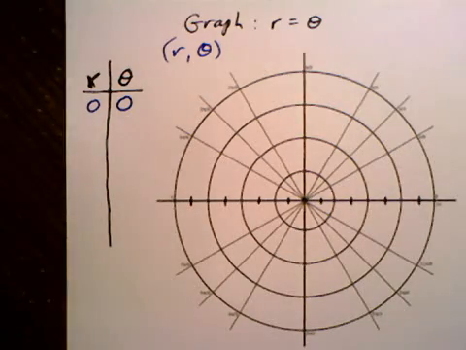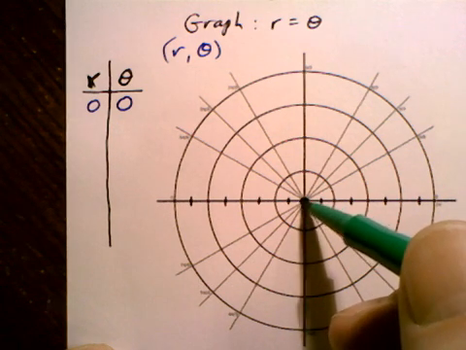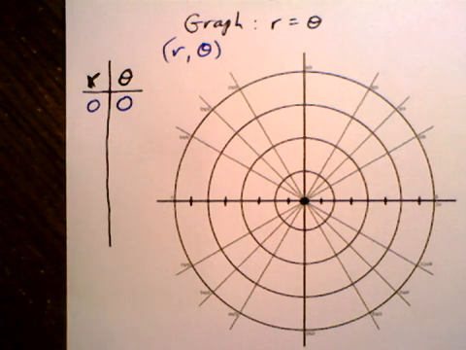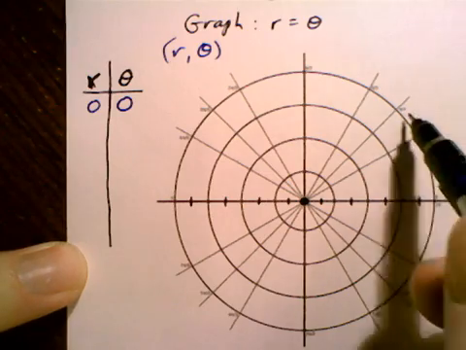Let's plot it with a nice thick marker. So 0 radians and 0 for the radius, and we just have a dot right there at the pole. Then let's pick an easier angle, one of these angles here.